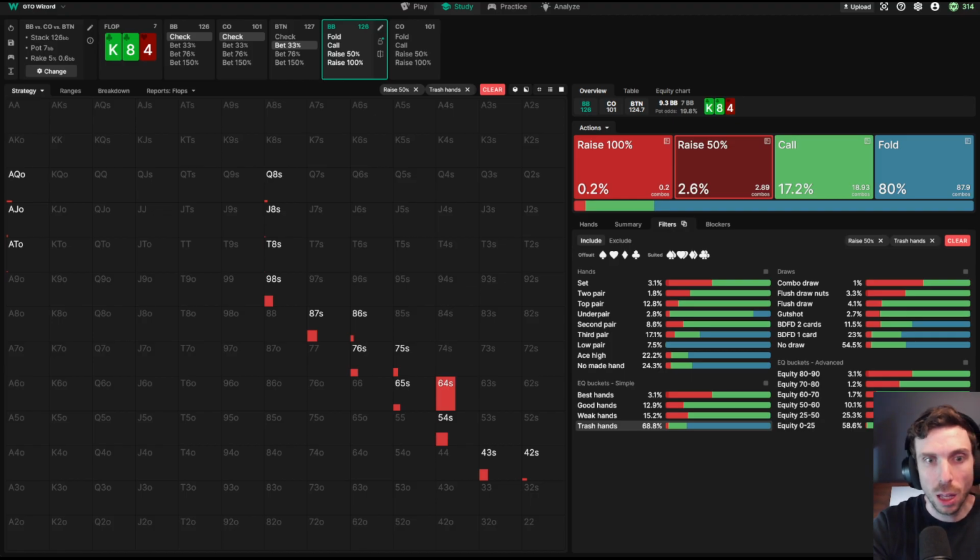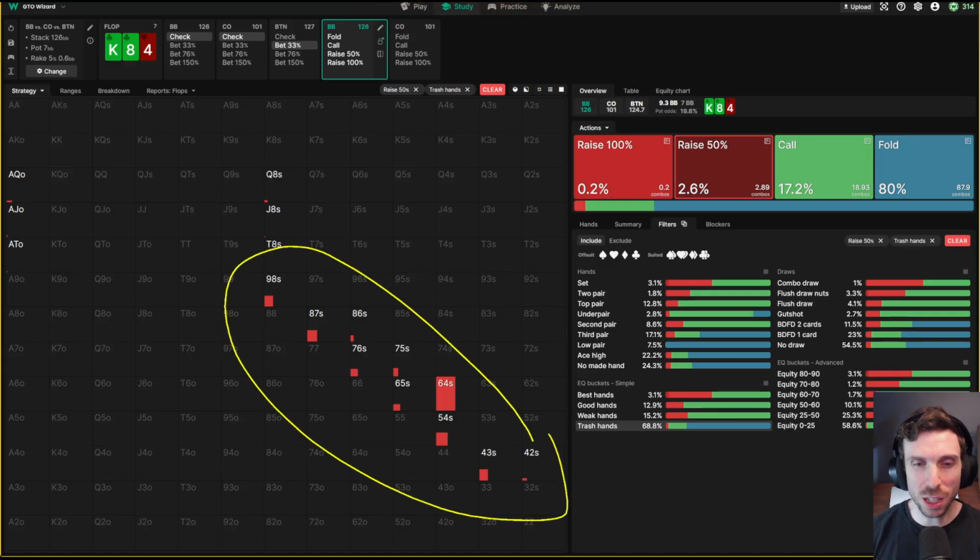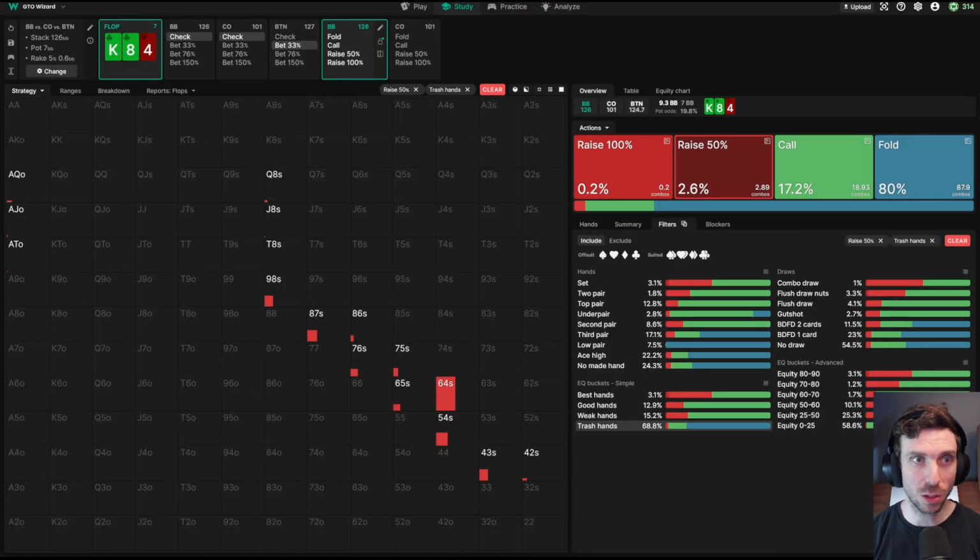So there's a category of hand in multi-way where the solver likes to turn bottom pair or second pair into a bluff. This is uncommon in a lot of lower games. You don't see a lot of players playing this strategy, but it's a really good strategy because if you're raising in a spot like this, you're basically repping two pair or full house or a set.